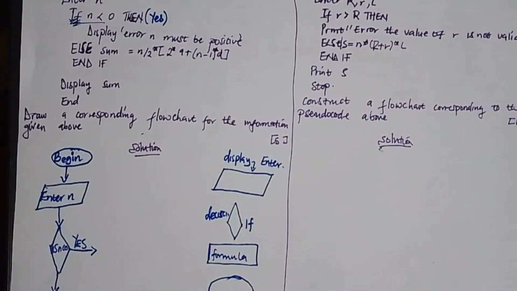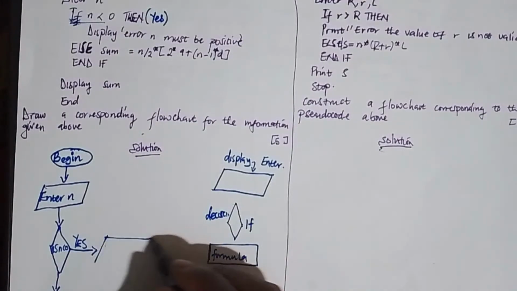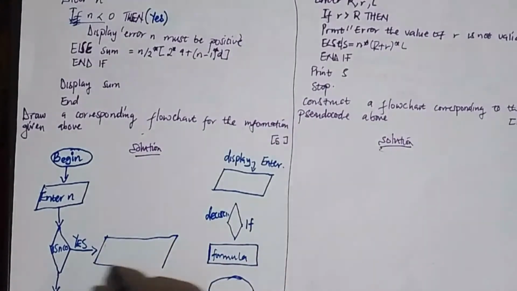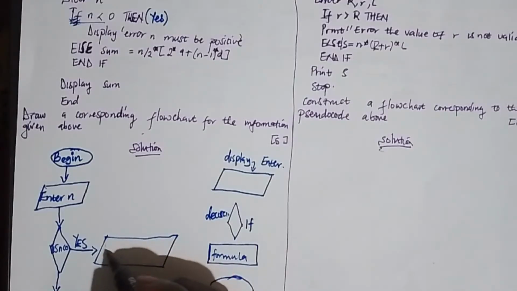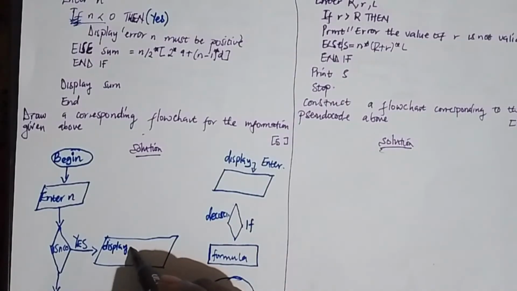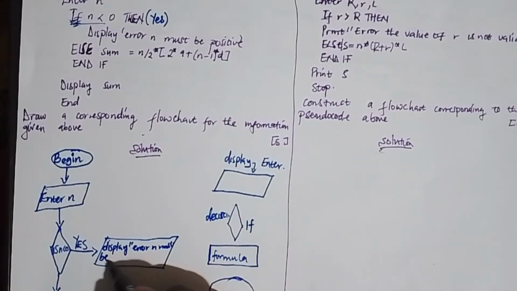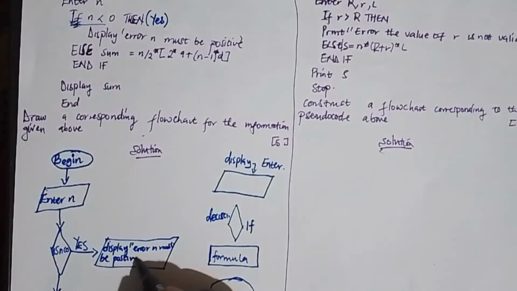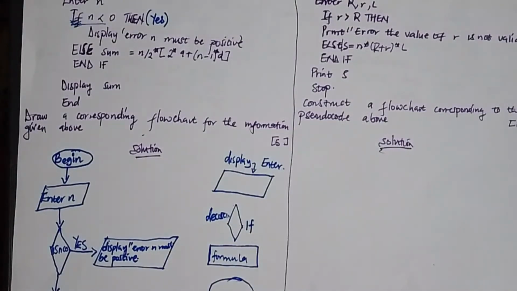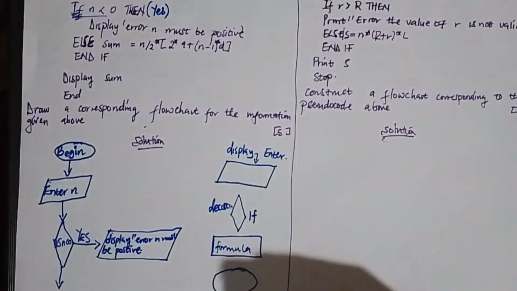Whenever you see display, the shape is a parallelogram. So we write a parallelogram here and say display error n must be positive. Once you write like this, you are done on the yes part.